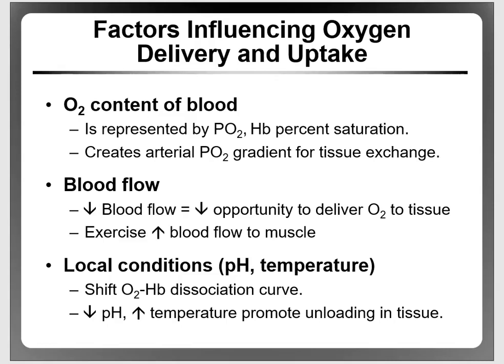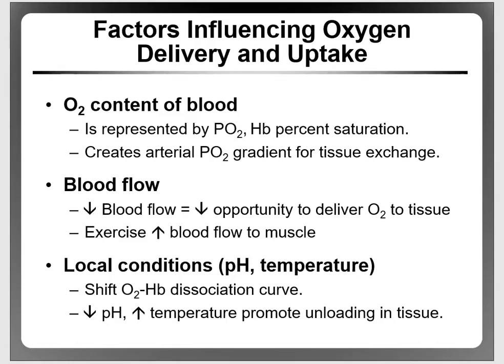All right, so what factors influence oxygen delivery and uptake? The rates of oxygen delivery and uptake depend upon 3 major variables. The first one is oxygen content of blood. Second is blood flow. Third is local conditions. As we're exercising, these variables are going to be adjusting to ensure that oxygen delivery is sufficient for the active muscle.